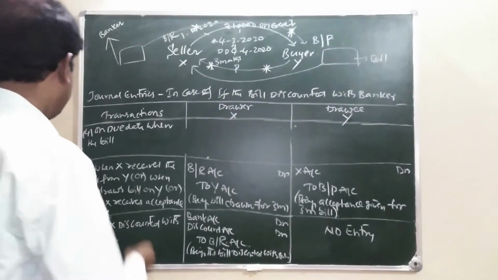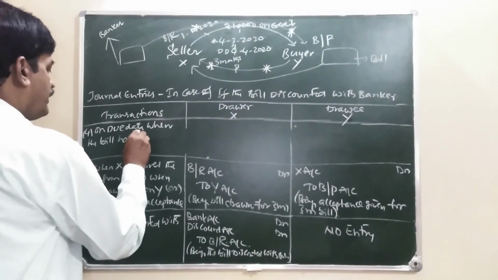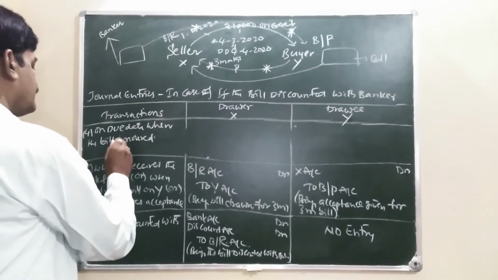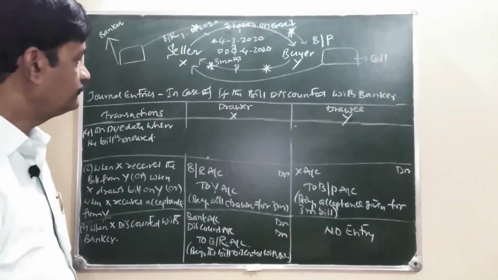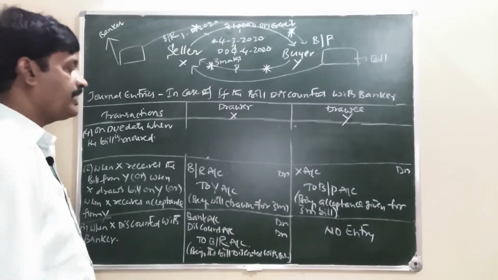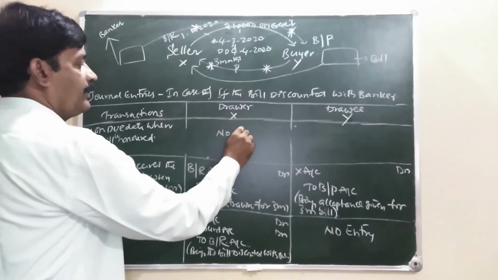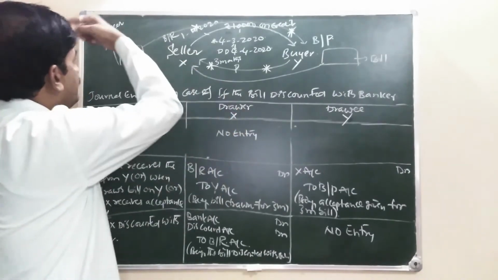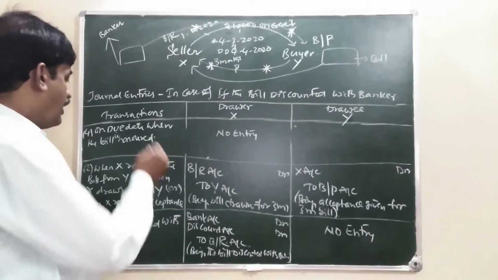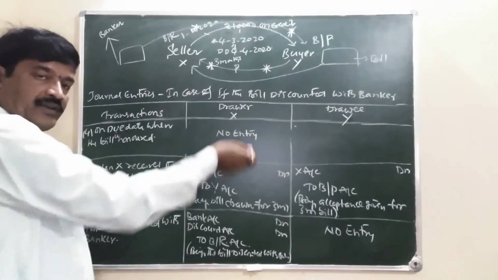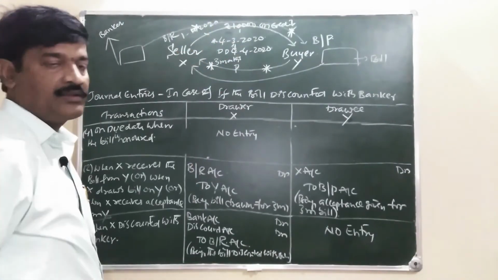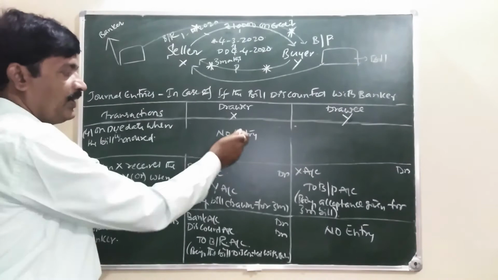Discounted bill honored on the due date. In the books of seller, no entry comes because he already collected the amount from the banker, one month before. On the due date, if the bill is honored, he is not collecting the money; he already collected the money from the banker. That is why no entry will be passed.